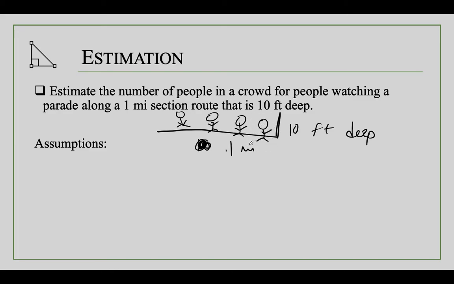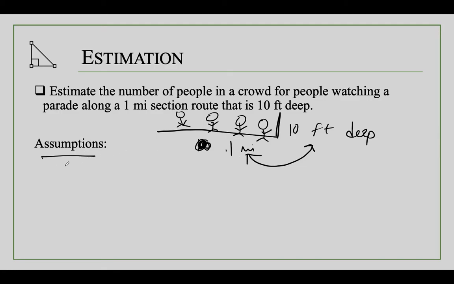Okay, so in order to figure this out, we have an issue, and that issue is that I have a conflict of units. So we need to make an assumption in order to move forward.